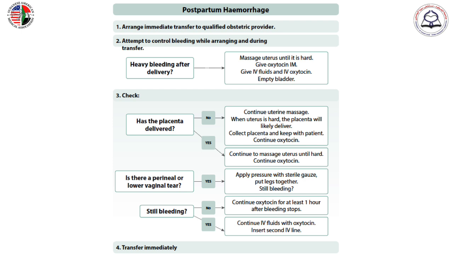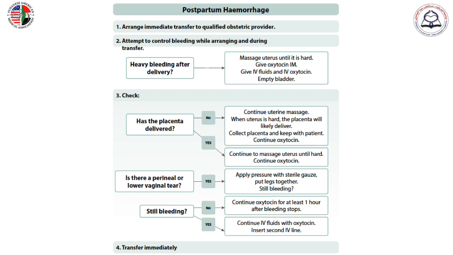For ladies with postpartum hemorrhage, if your facility can handle them, start by establishing an IV line and giving IV fluid, and try to control the contraction of the uterus by giving oxytocin or doing uterine massage.